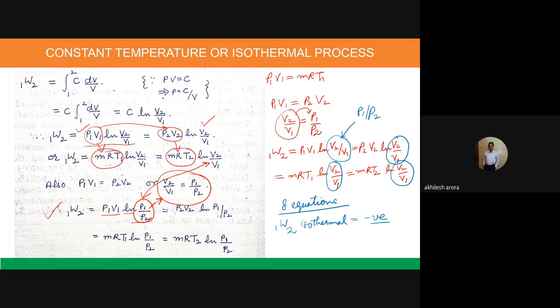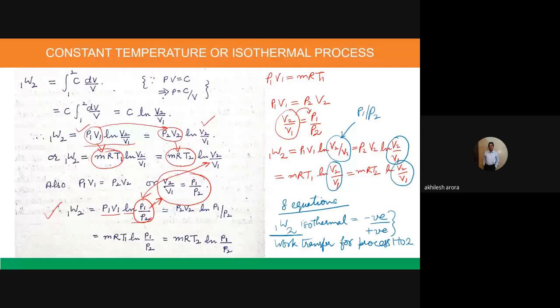So when the value comes out to be negative or say positive, what is the meaning of that? There can be two things, the answer comes out to be negative or the answer comes out to be positive. And what is this W1 to 2? It is work, I can write it as work transfer for process 1 to 2.